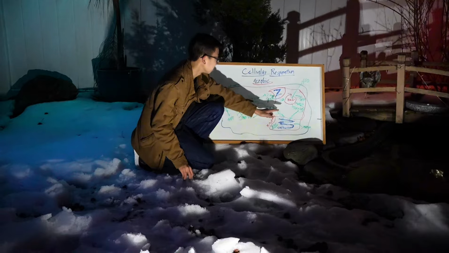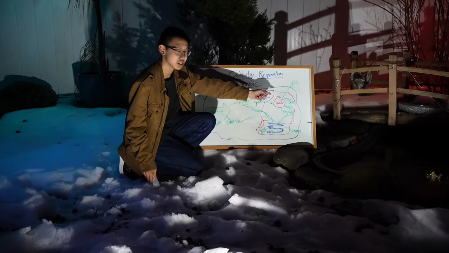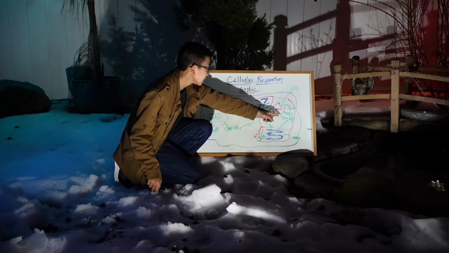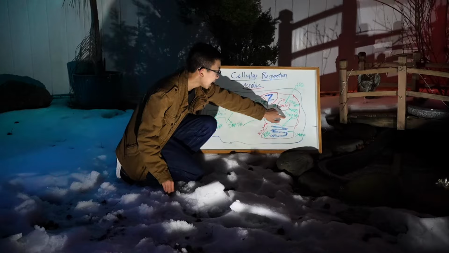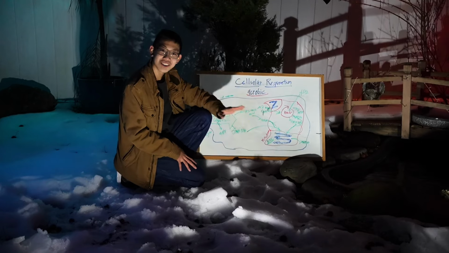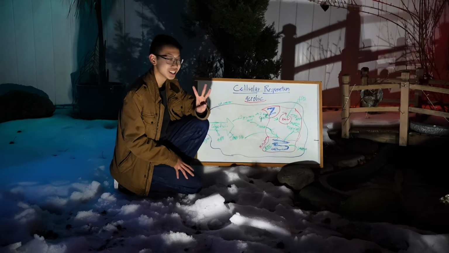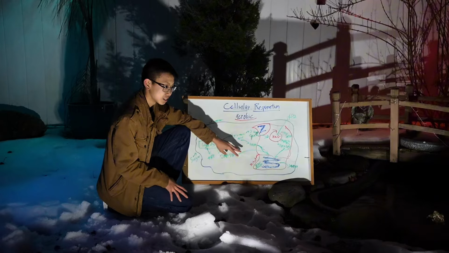The Krebs cycle takes this and produces CO2, which is a waste product, 2 ATP, an NADH, and 2 FADH.